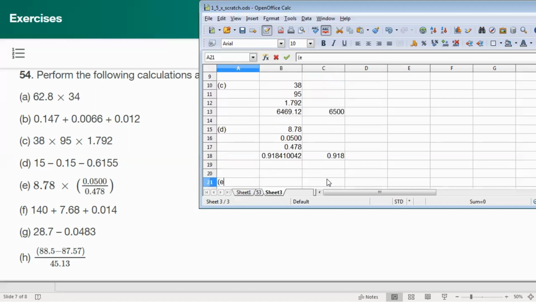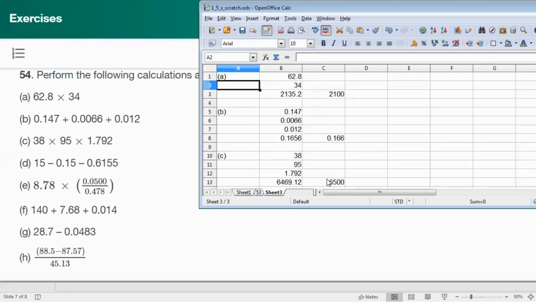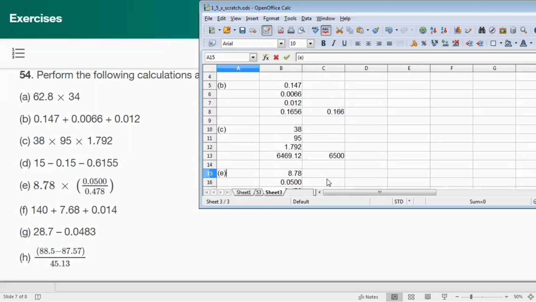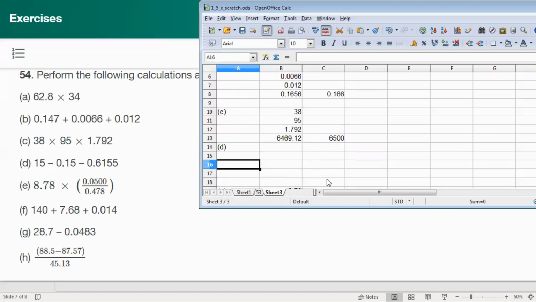And that was, did I skip one? 62, 147, 38. Oh, I missed one. Apologies. So this is 15 minus 0.15 minus 0.6155.